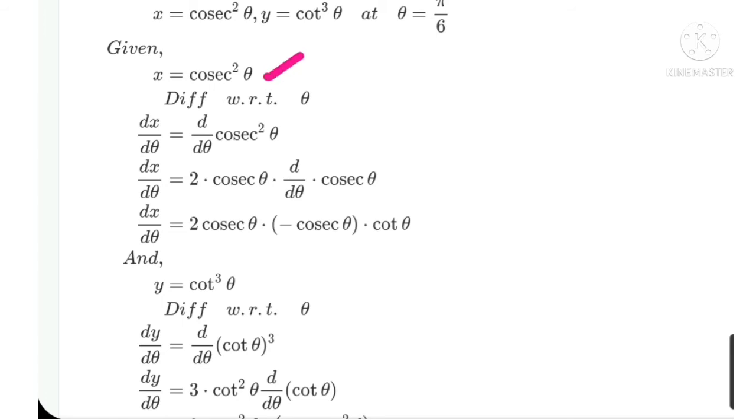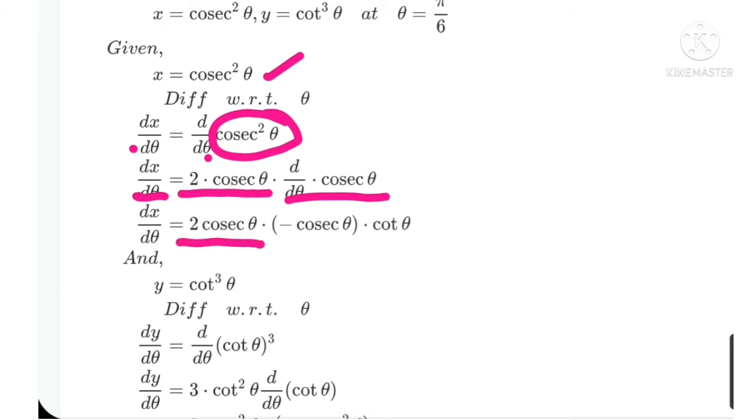Differentiate with respect to theta, we get dx by d theta is equal to d by d theta of cosec square theta. The derivative of cosec square theta is 2 cosec theta into the derivative of cosec theta. This is the fundamental formula.